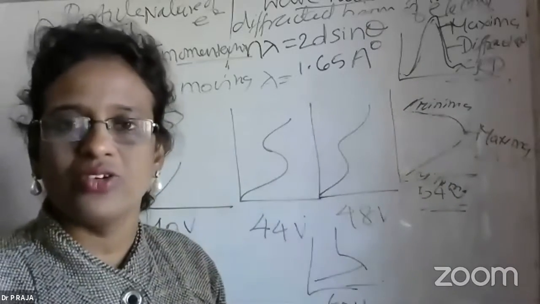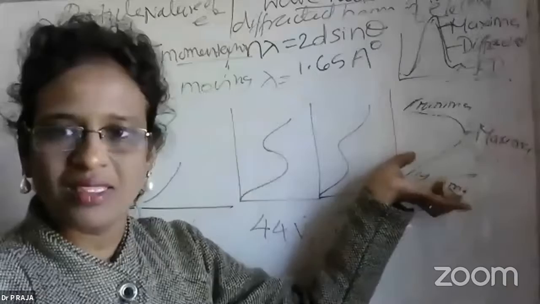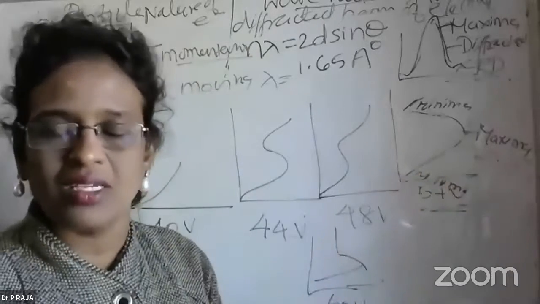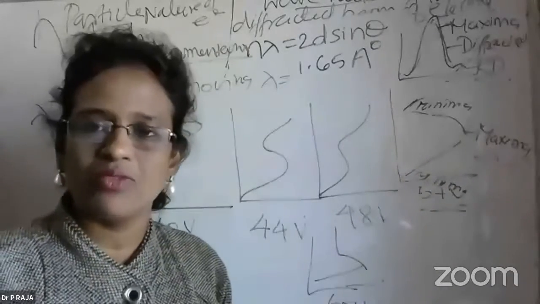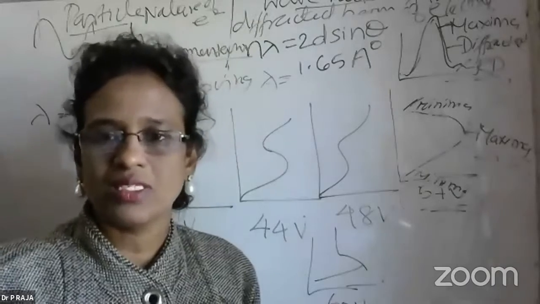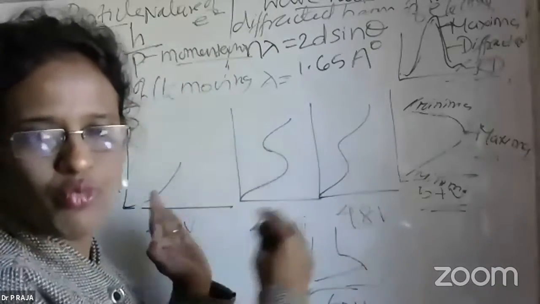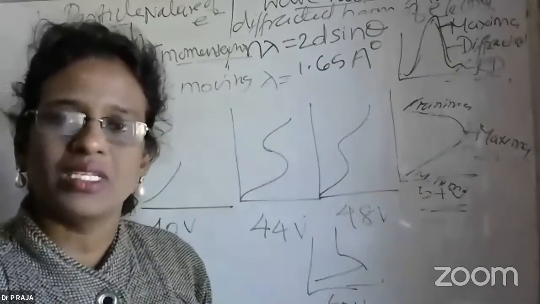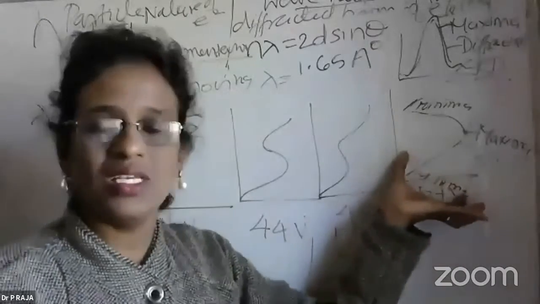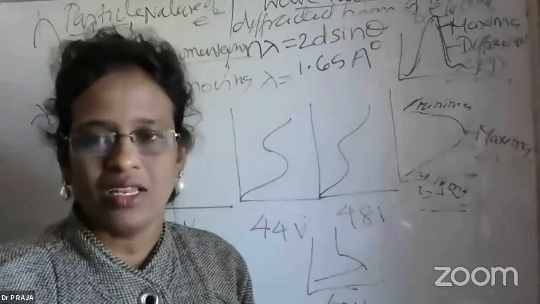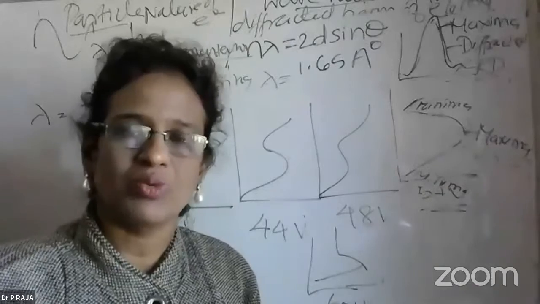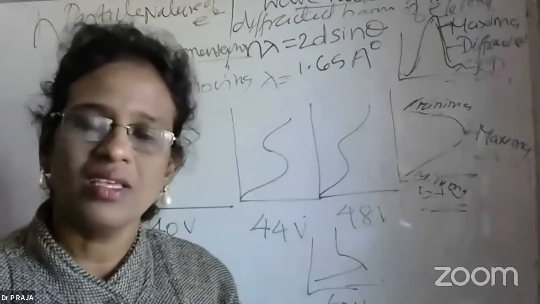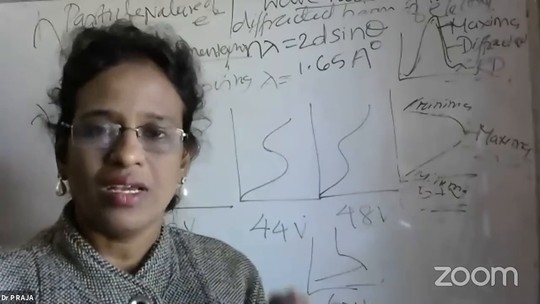They substituted the value of the d spacing and the theta of the particular crystal that was chosen, and they also found the lambda value was 1.66 Angstrom. So they proved both the particle nature of the electron as well as the wave pattern of the electron. So this was a very, very important experiment that proved the particle and the wave nature of the electron.